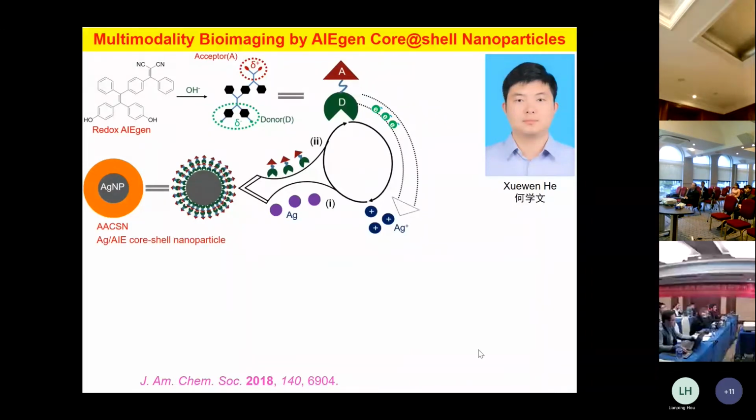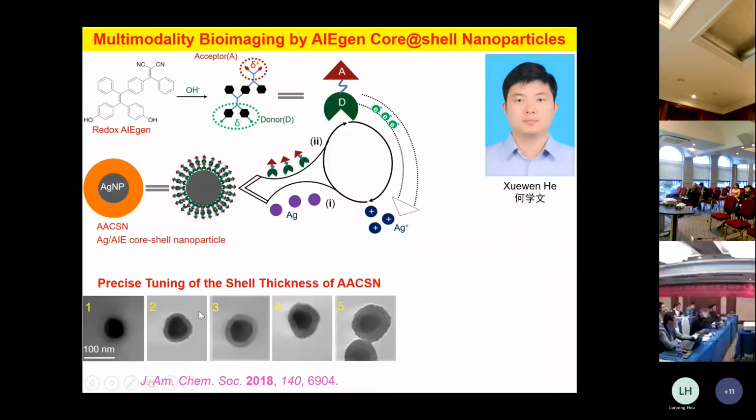Okay, so now I will talk about so-called bio-multimodality bioimaging. Here, what we do is prepare this core-shell nanoparticle. The core is an inorganic nanoparticle, and the shell is our AIE gene. I will not go into detail, but you can clearly see this core-shell structure.